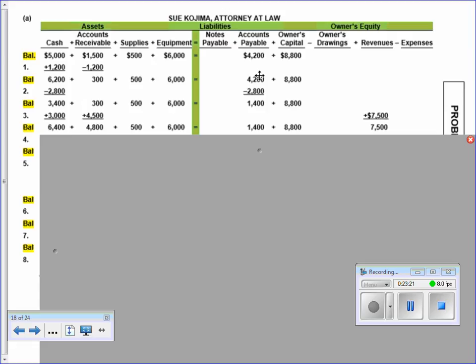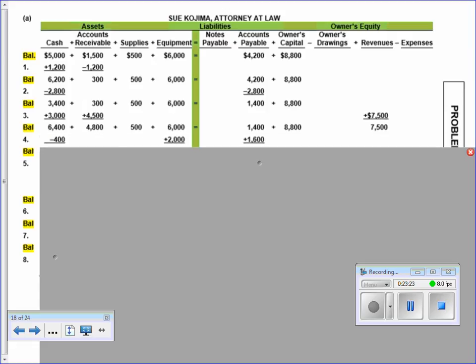Okay, so you are gaining a plus $2,000 in equipment, minus a little chunk that we paid in cash. But why do we go to the other side of the accounting equation to put the plus $1,600? Do we owe or does someone owe us for that equipment? We owe. It's a liability or it's a payable. It's a payable that we have to pay.